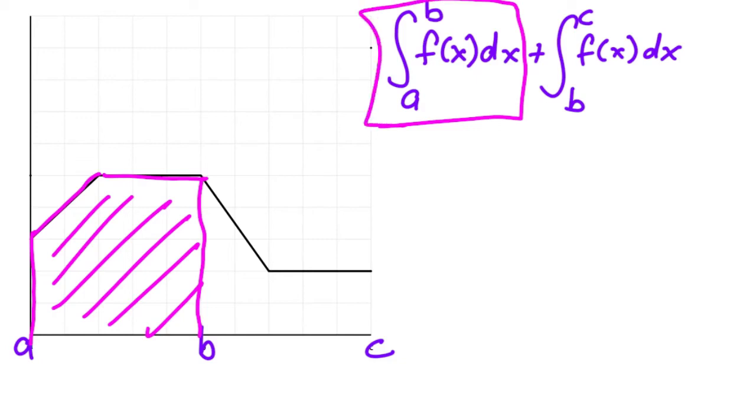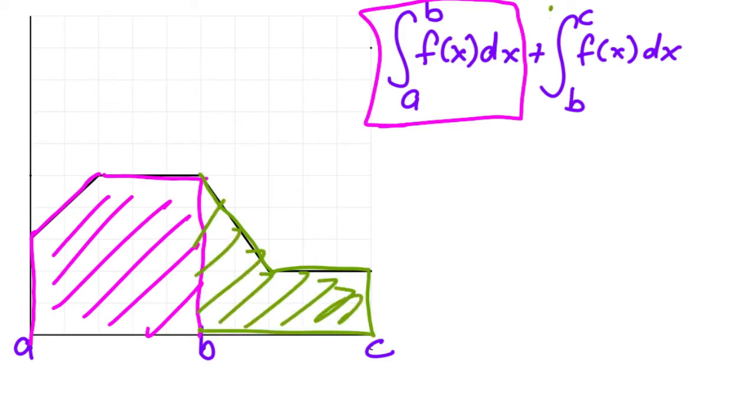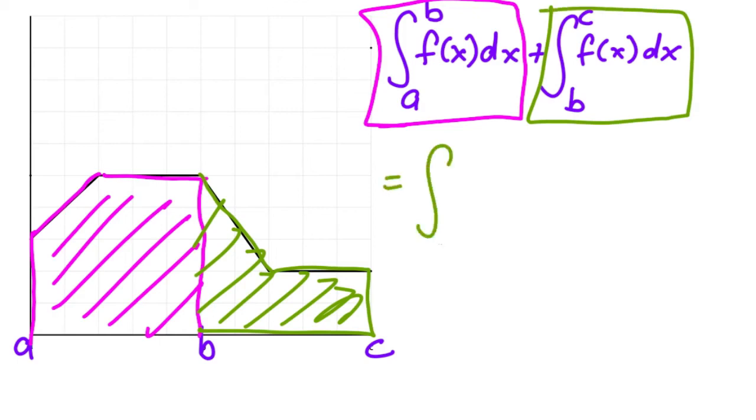And then you find the area underneath the curve from b to c, you would get this one. Well, obviously this is equal to the integral from a to c of f of x. So this basically means that if you have a line and you want to split up the integral, you can split it up wherever you want, as long as you don't have any gap in between. So that's a really good property that we're going to use a lot.